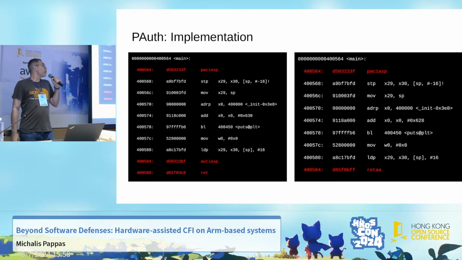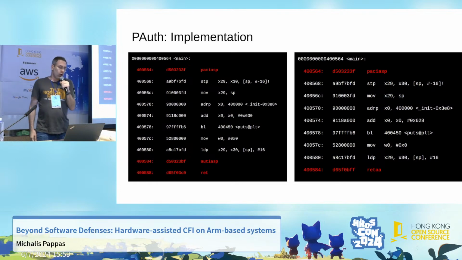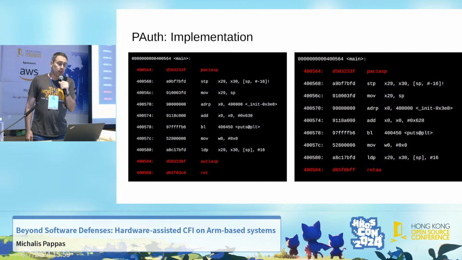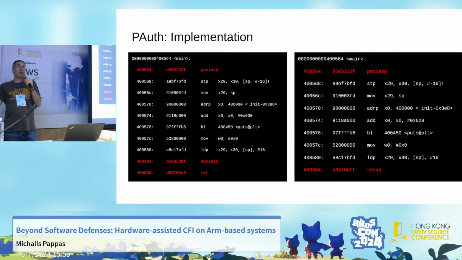So this is how it looks. You can see on the left side a function protected with pointer authentication with the basic set, and on the right, you can see the combined set. So how this starts, first of all, this is to protect the return address, right? The first thing that happens is that you sign the return address with instruction key A. You see this IA part in the instruction, and with modifier the stack pointer.